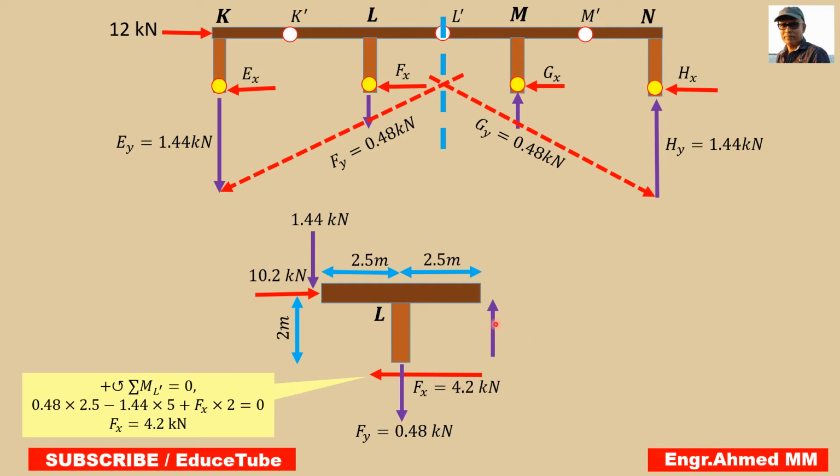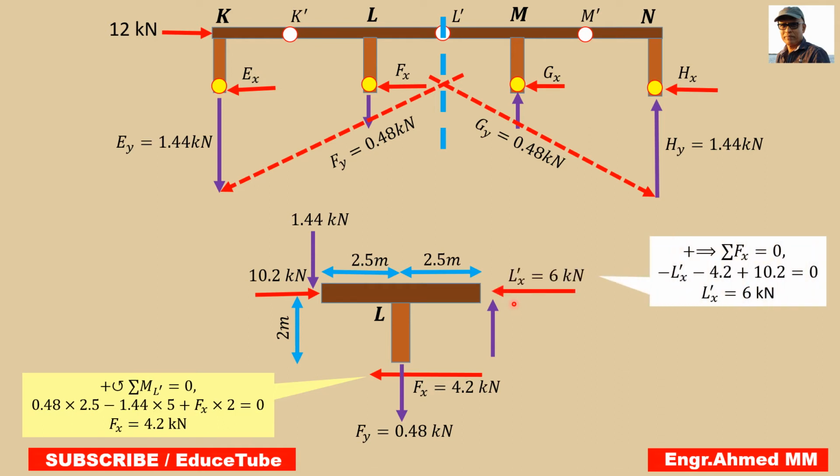Now remaining are this and this. This one I understand very clearly because I already have this 1.44 and this 0.48, in opposite directions. So this minus this, it will be here. As well we can do it easily by summing vertical forces, but let's first do the horizontal forces.